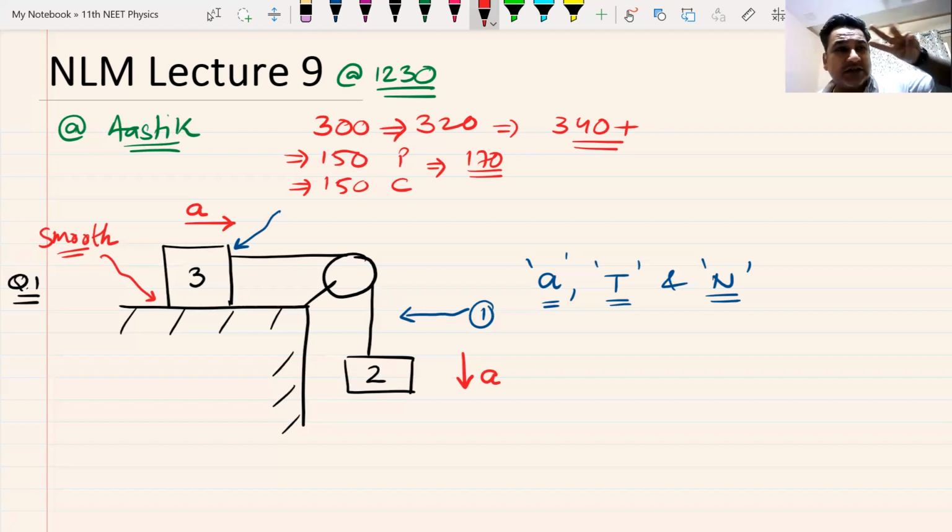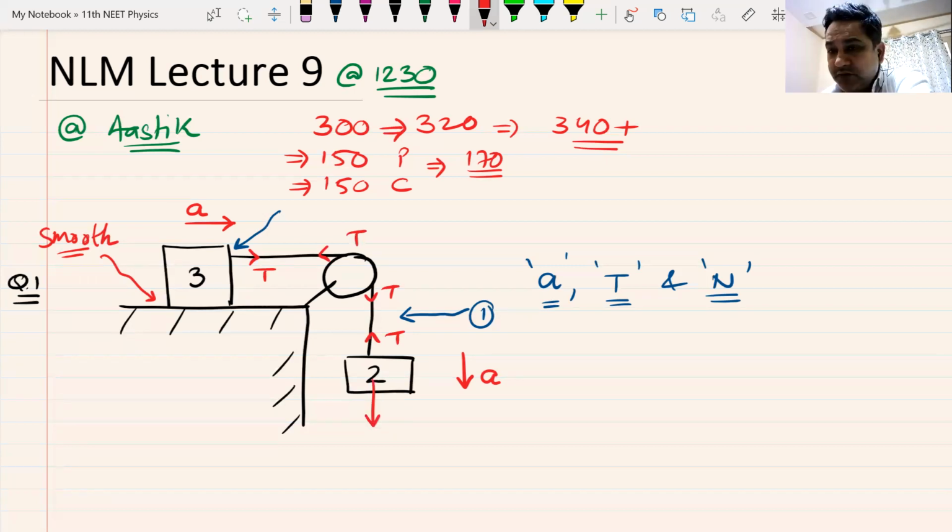Bodies are isolated. Step number 3, draw the free body diagrams. I'll start with the tension. Tension T on the pulley, T. On the pulley, tension always pulls. On the block, tension T. Now let me start with the 2 kg block.